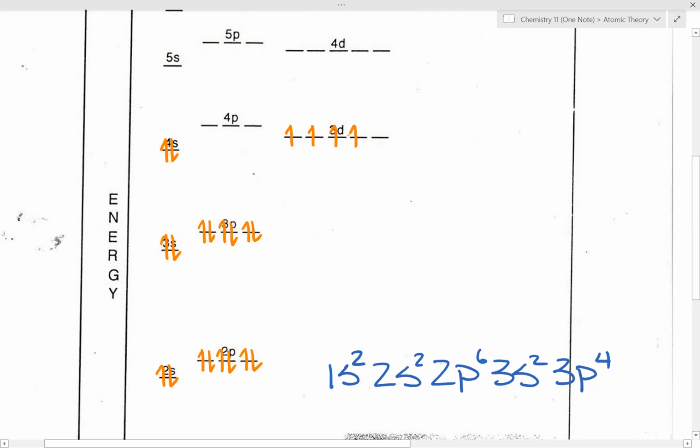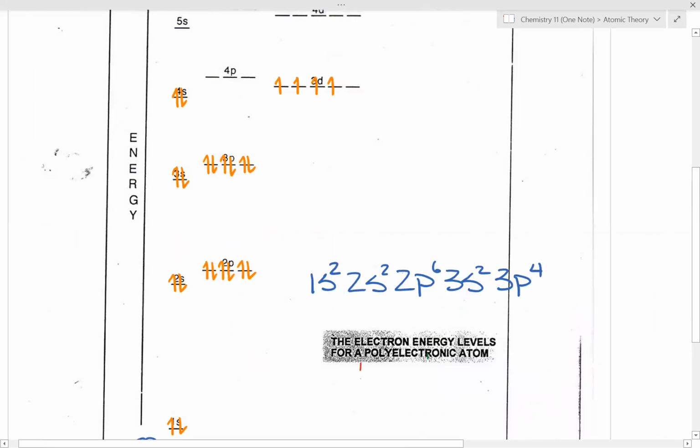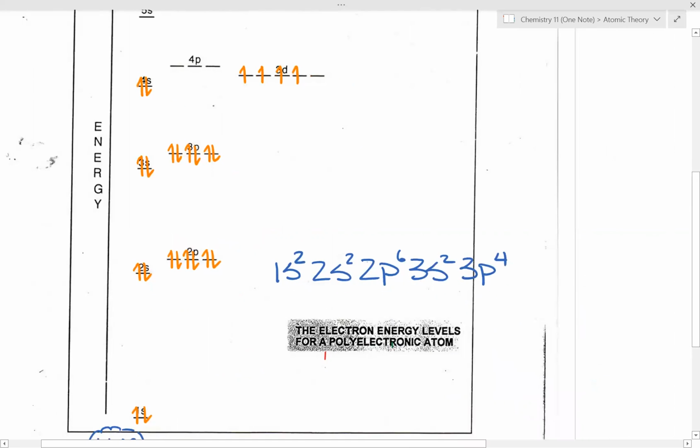Why do we fill in the 4s? Because mathematically, it has the lower energy. It might be a higher energy level, but lower energy. So if we were to write it, it would be 1s2, 2s2, 2p6, 3s2, 3p6, 4s2, 3d4.